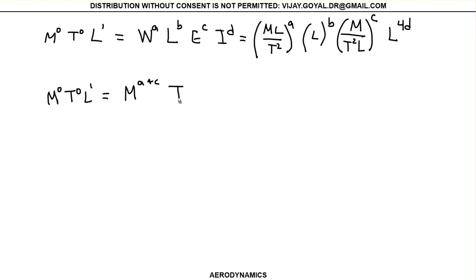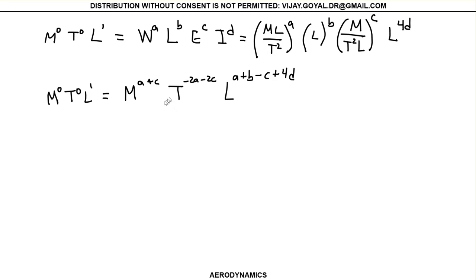And then time will be minus 2A minus 2C. I got a time squared and time squared to the C. That's where that comes from. And then I'm going to have L from here to the A, L to the B plus B, L minus C, and to the 4th plus 4D.